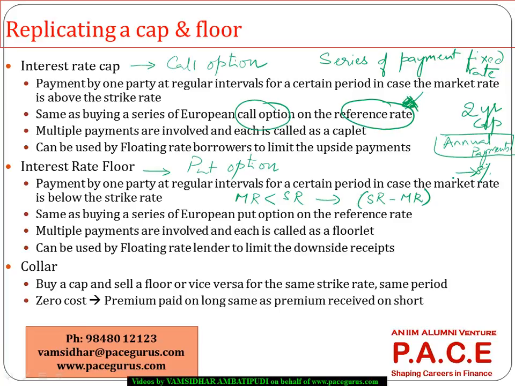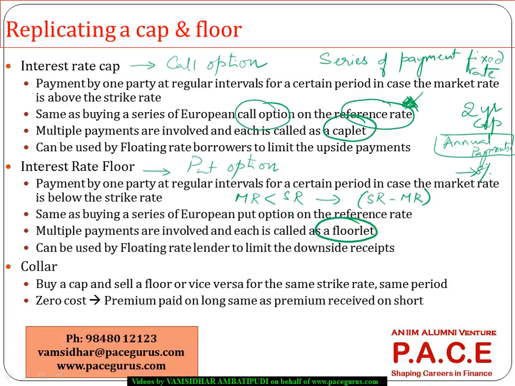The sum of all those benefits is what will add up to the total value of the cap or the total value of the floor. So it's not one payment we are talking of when we talk about a cap or a floor. It's a series of payments, and each such payment value is what we call a caplet or a floorlet.